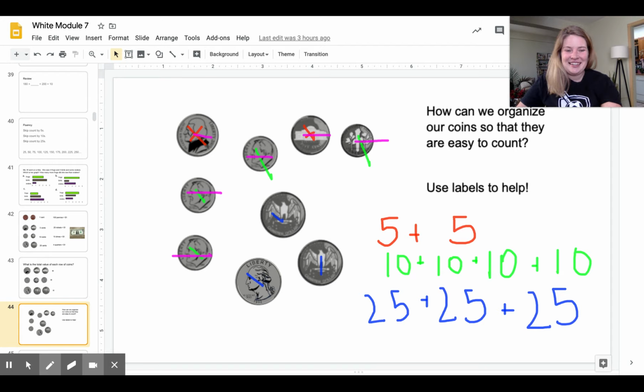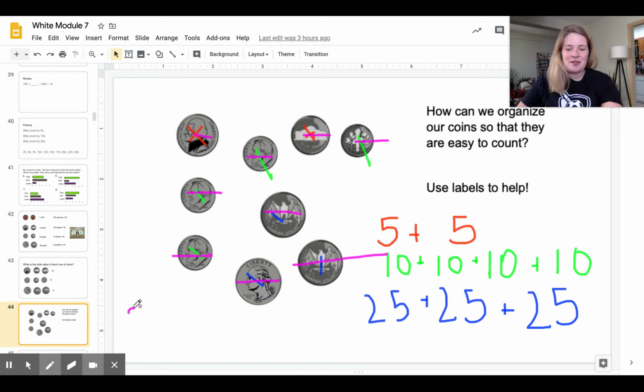All right, here's where it gets tricky. 50 plus 25 is 75. 75 plus 25 is $1. $1 plus 25 is $1.25.